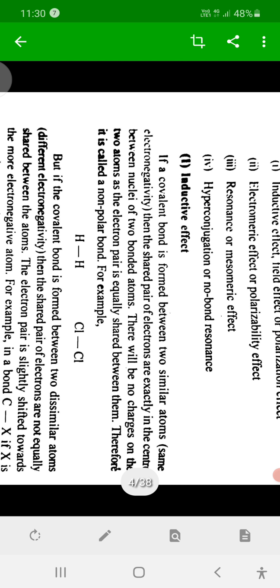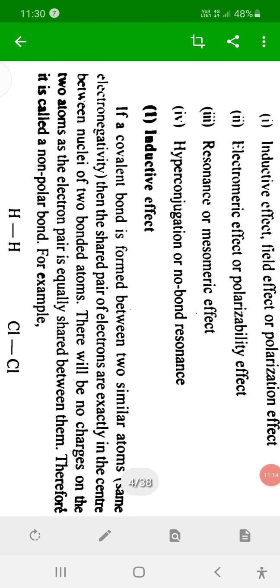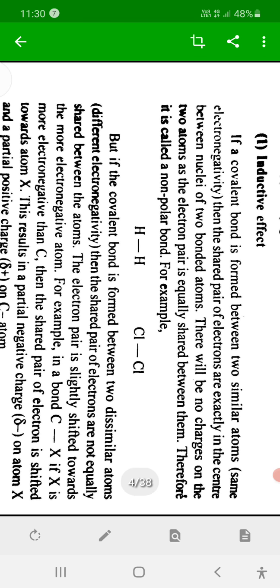First we discuss the inductive effect. We know that there are two types of molecules.